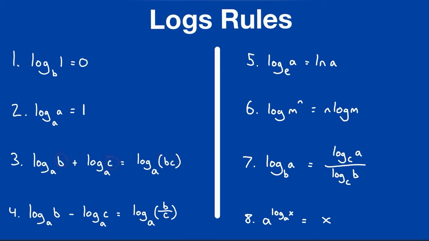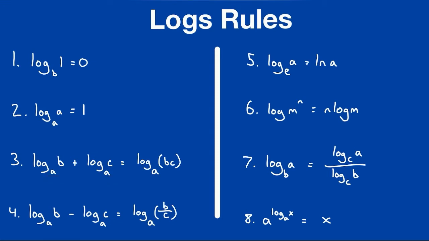So if it was 2 and 5, then it would be log base 10 of 10, because 2 times 5 is 10. And if the base and the argument are the same, it becomes 1. So in that scenario, it'll be 1. This is the general rule you follow when you add logs with the same base.